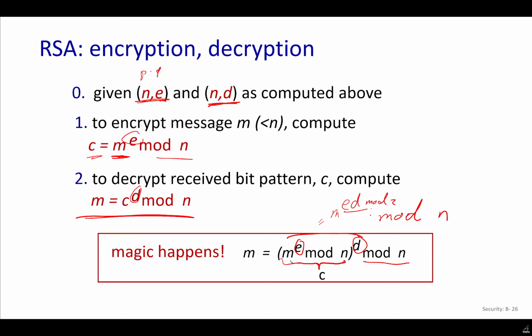And this has been selected in a way that this equals 1. And this is how the cancellation works.